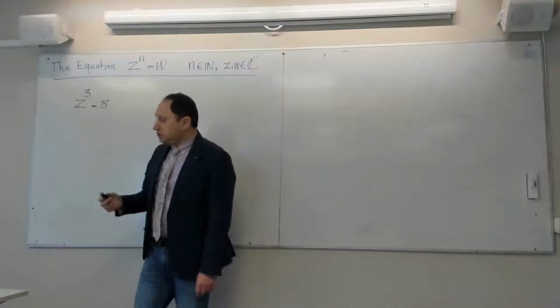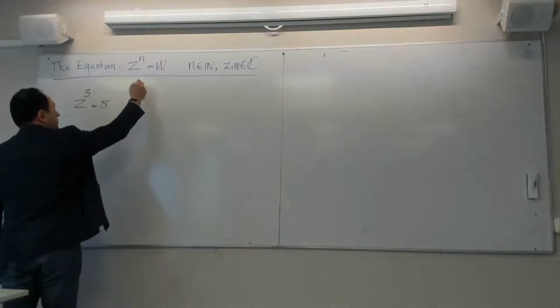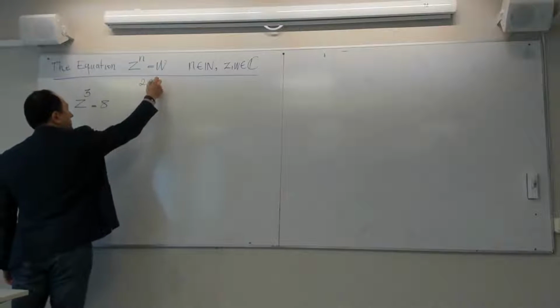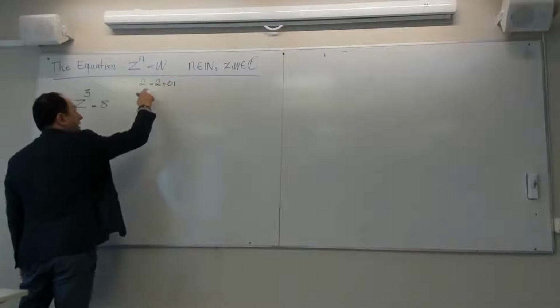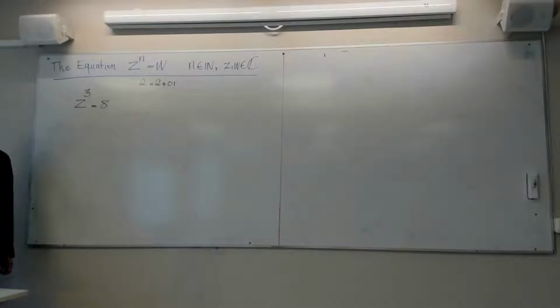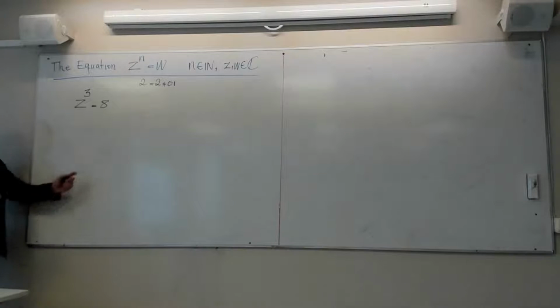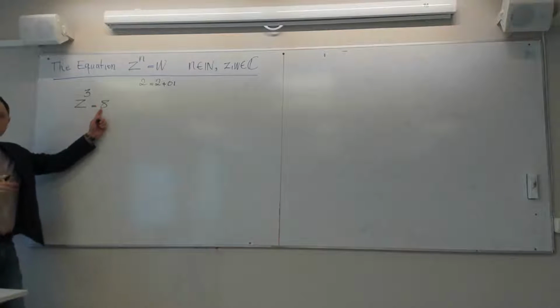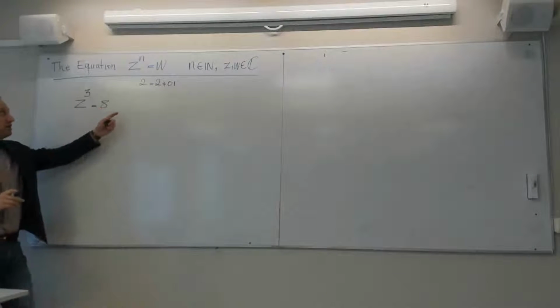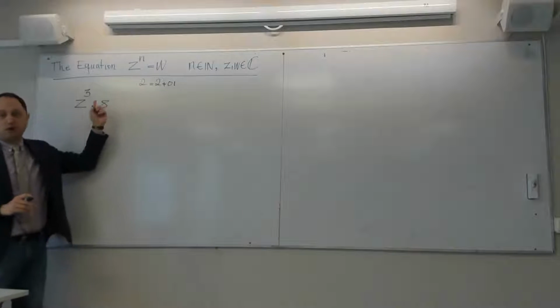And of course, 2 can also be viewed as a complex number, yes? 2 is 2 plus 0i. So every real number indeed is a complex number in the first place. So if you solve this equation, you should expect still to get the same number as one of the roots here.